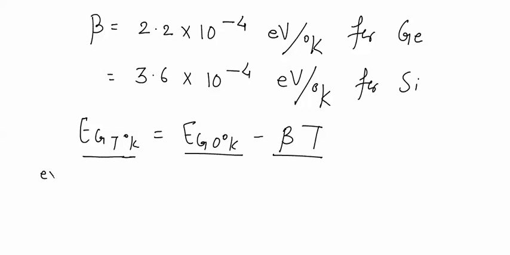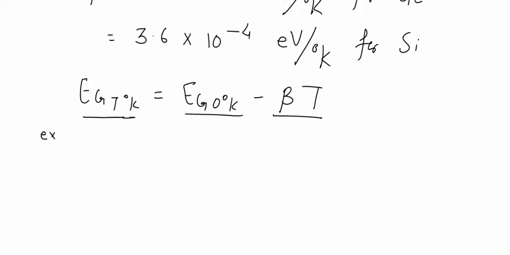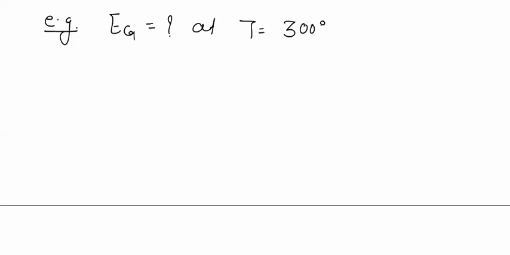For example, we want to calculate Eg at T equal to 300 degrees Kelvin if Eg at 0 degrees Kelvin equal to 1.21 electron volts.